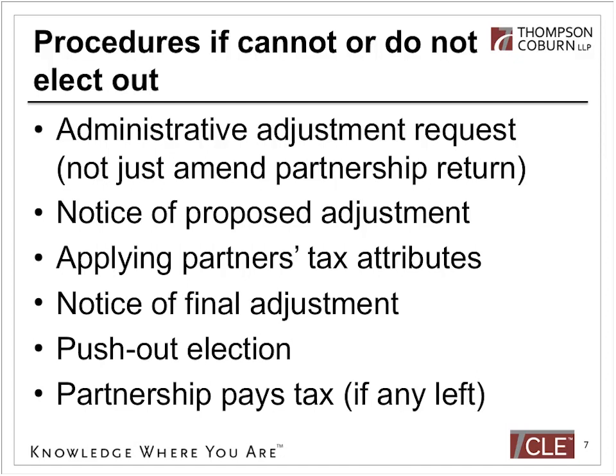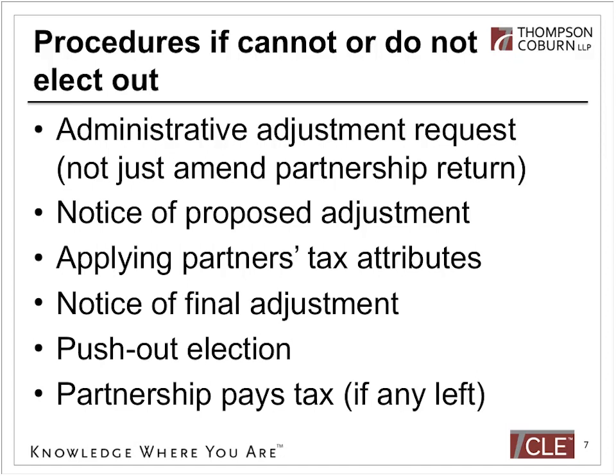The IRS will first go through the audit and figure out what adjustment it believes needs to be made. Once the adjustments have been figured out and you've worked out whether you're going to accept what the IRS has said or not, the IRS is going to send a notice of proposed adjustment.